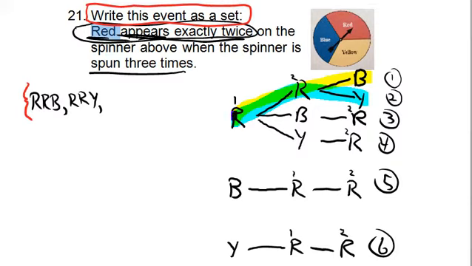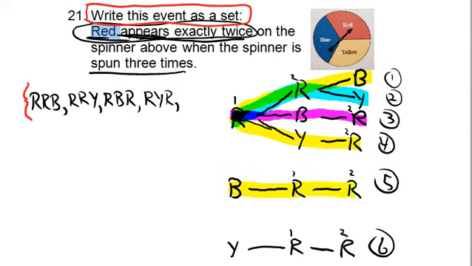The next one is RBR. The next one is RYR. The next one is BRR.